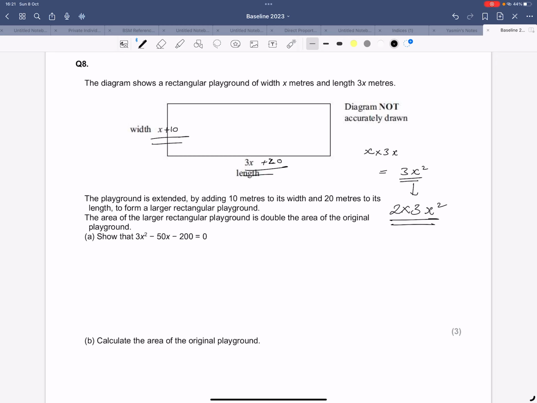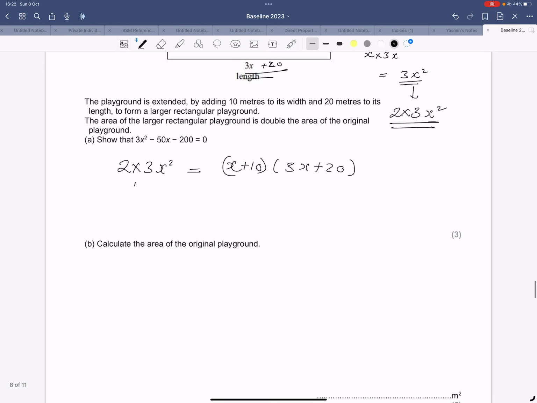So we will say 2 times 3x squared equals x plus 10, the new extension, times 3x plus 20. Now if you simplify this, 6x squared equals 3x squared, 20 times x plus 30 times x is 50x, plus 200.